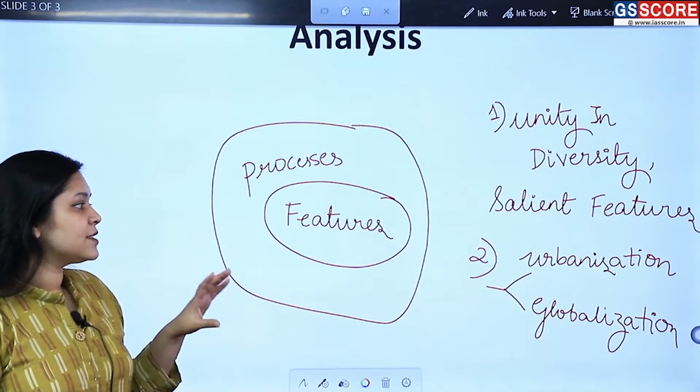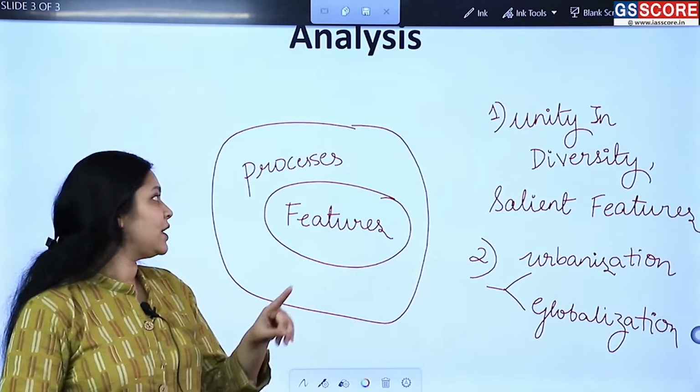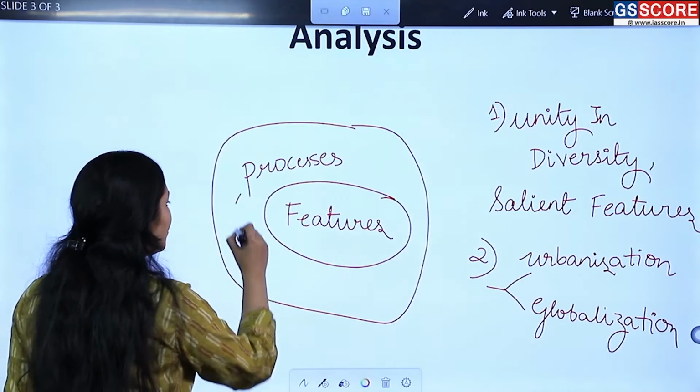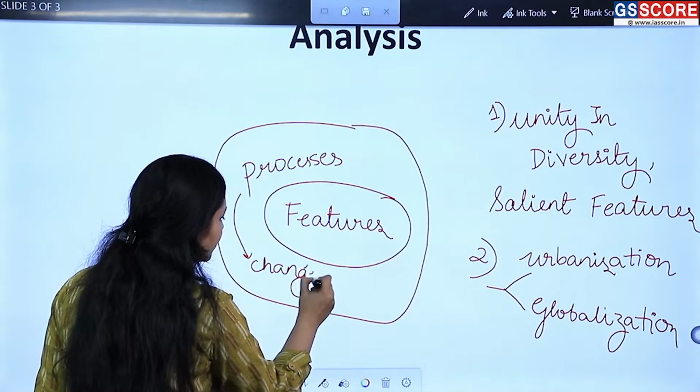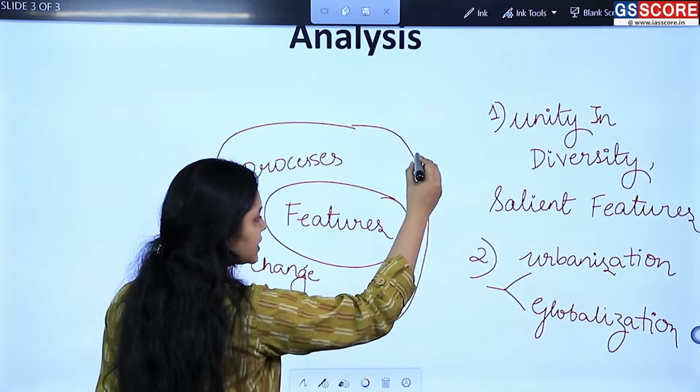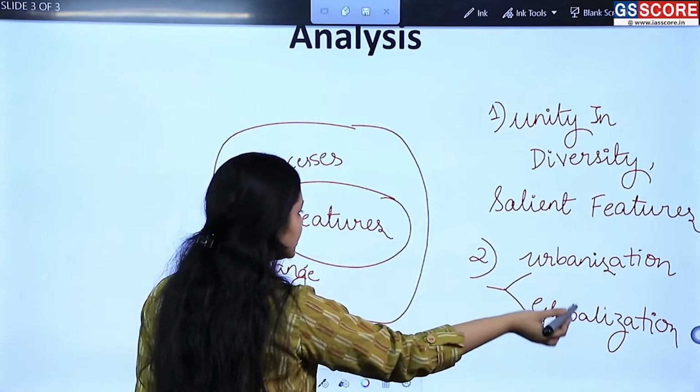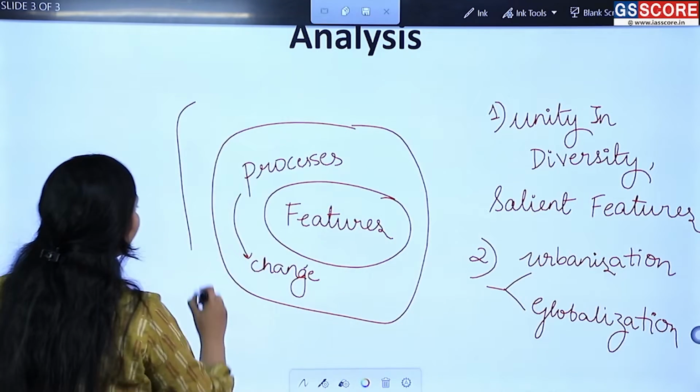So in this manner, there is a change or transition in the society. This change is marked by these processes. So these are 3 topics of the syllabus, which we have divided in this manner.